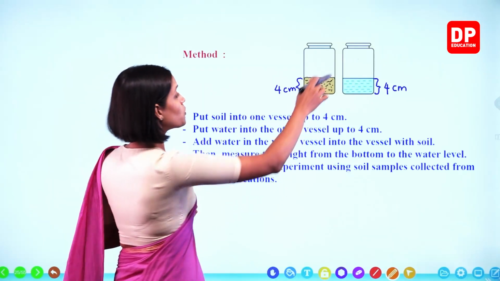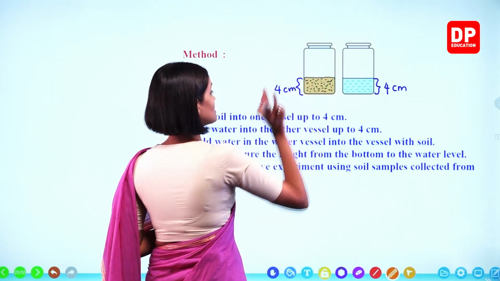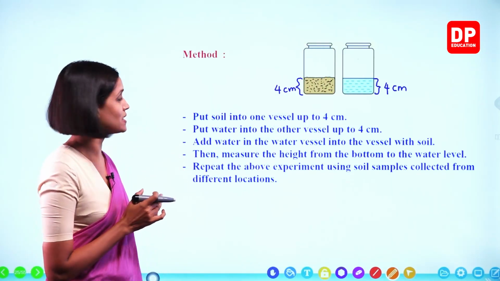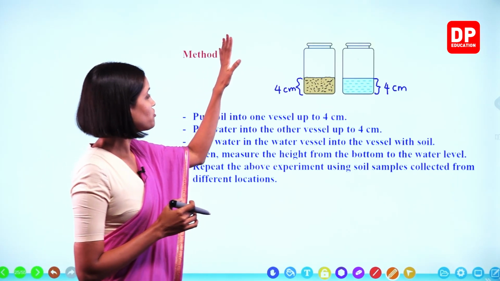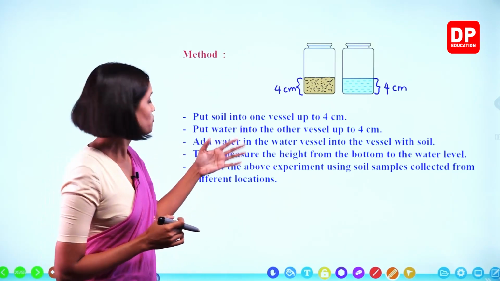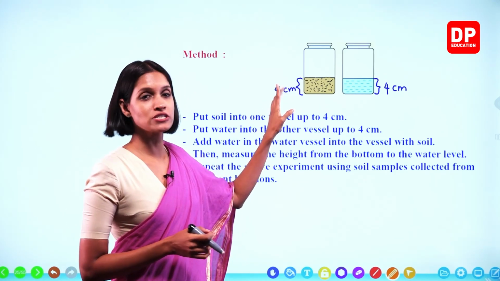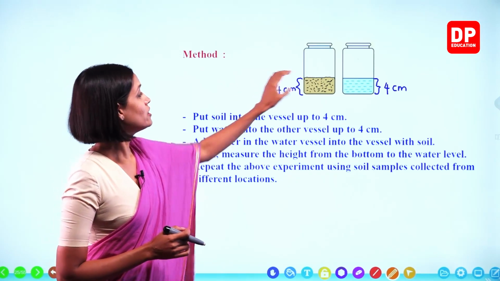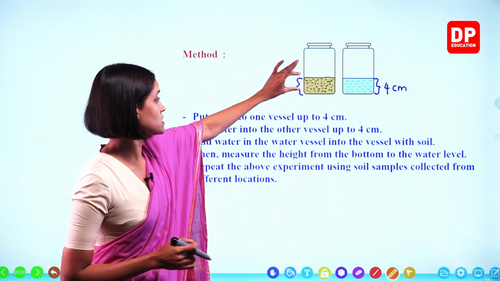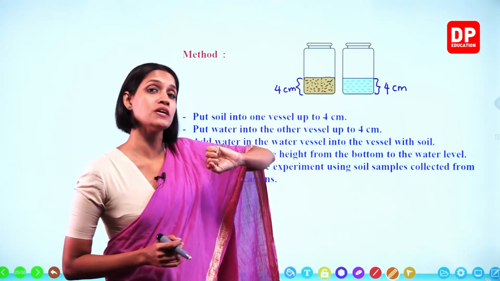You have to pour this water into the jar with soil. Now you have to leave it to settle for a minute. Then measure the height from the bottom to the water level. Earlier this was 4 centimeters, and this was also 4 centimeters.